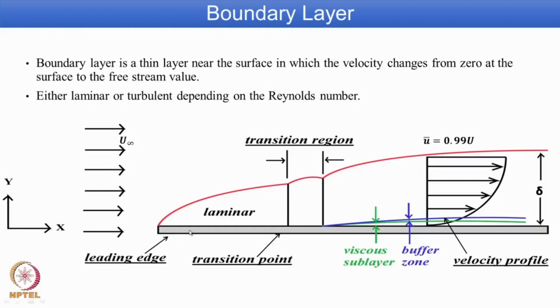We have seen now flow past a flat plate with the different regions, that is laminar, transition and turbulent region. In the turbulent region, we have further sub details. We have three different layers: viscous sublayer, buffer layer and then log layer. So, in the next slide I am going to explain in detail about these three different regions in a turbulent boundary layer.